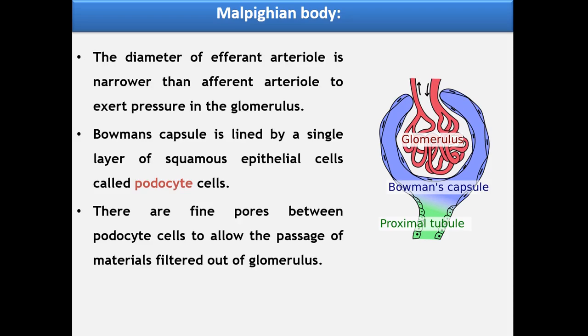And the Bowman's capsule is lined by a single layer of squamous epithelial cells called podocyte cells. There are fine pores between the podocyte cells, and these pores allow the passage of materials filtered out of the glomerulus.